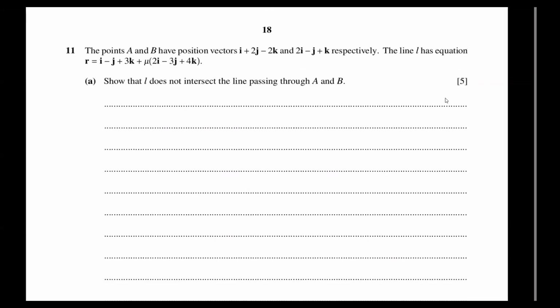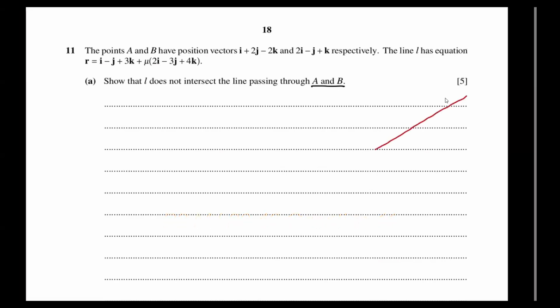This is a vector sum. The points A and B have position vectors this and this, and the line L has equation this, show that L does not intersect the line passing through A and B. So first of all, we have to find the line passing through A and B. Let's roughly draw it.